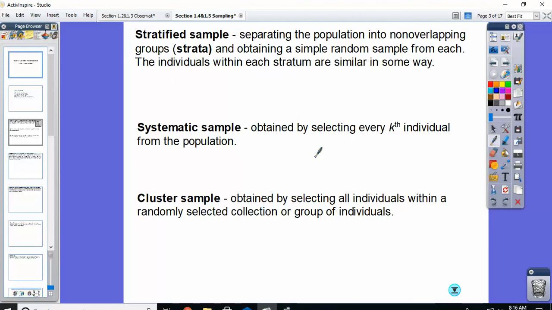So I go to the lunchroom, each table is a separate group, and I just pick one table and take everybody sitting at that table for my sample. So we've got separate tables, and I just take one entire table to create my sample. Again, please pause this while you write down these definitions.